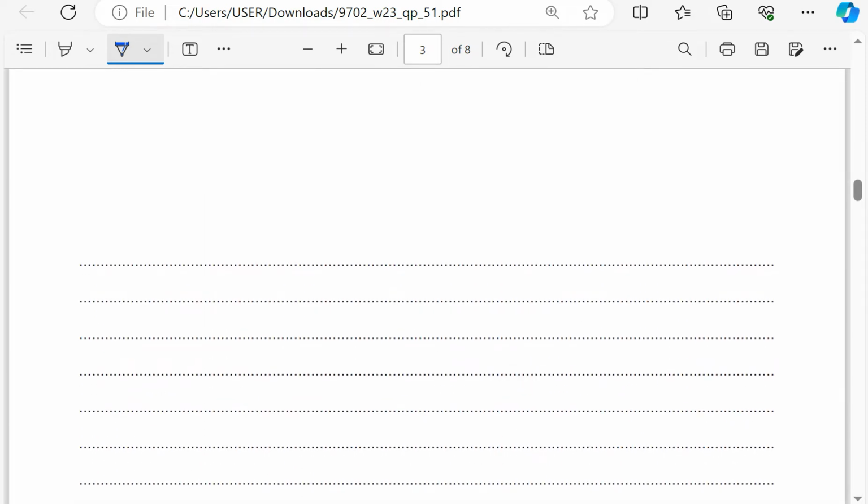Okay, so I can start by writing out what is going to be in this experiment. I will start from the second line. I leave this for the diagram.